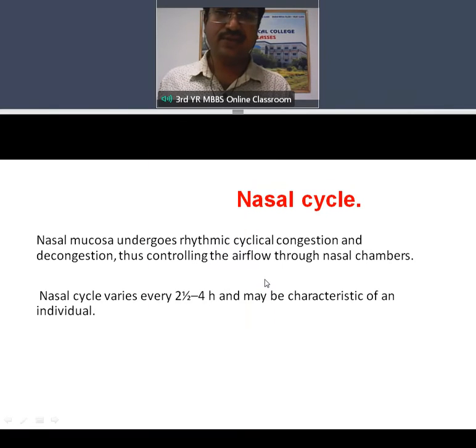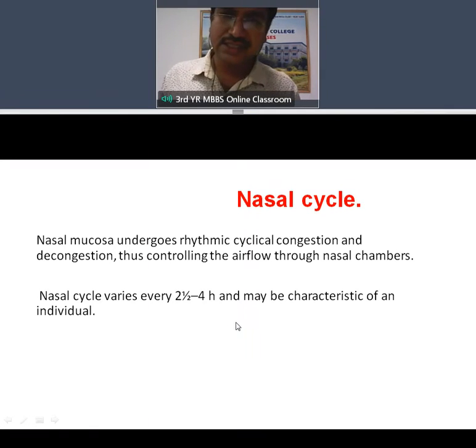On one side there will be a congestion. If there is a congestion, there is edema of the nasal mucosa, so there is little airflow through that particular nostril. More airflow will be on the decongested side. That is called the nasal cycle. The nasal cycle varies between 2.5 to 4 hours in each individual.